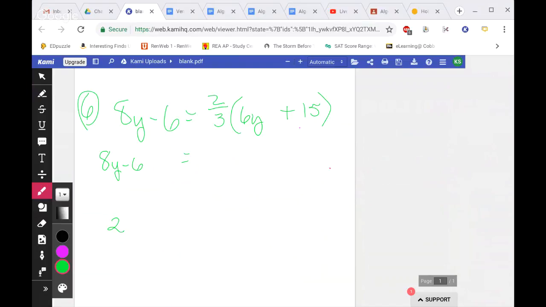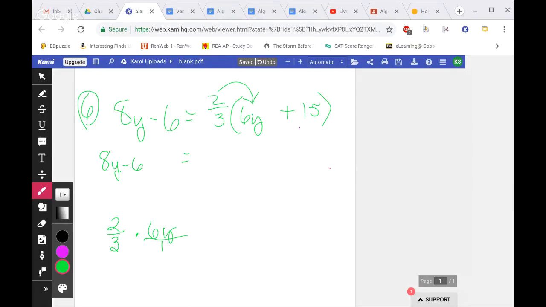On this one, you're going to go 2/3 because I'm doing this part right here times, because if I'm distributing it, I'm distributing to each of the terms. Do you understand why I did that? Yes? No?